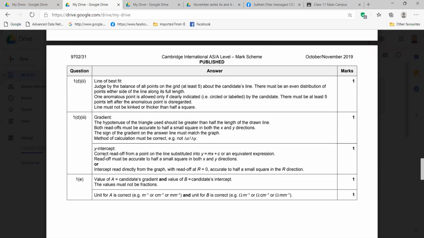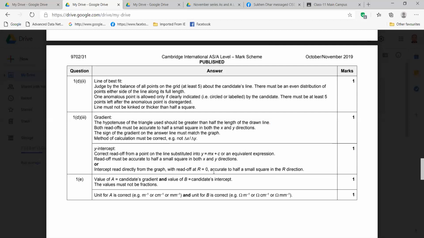It's written here. Look, we can get the reading of y-intercept from the equation, right? Y equals mx plus c. While I was explaining experiment one, that time I told you how to do it. And we can also get it directly from the graph. Clear?